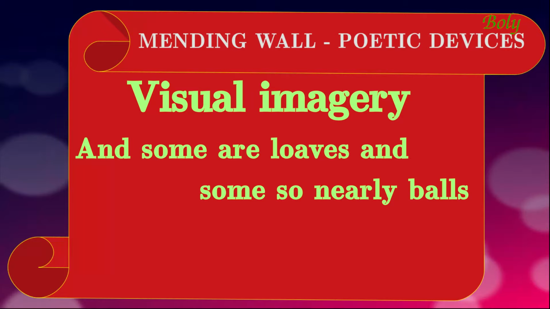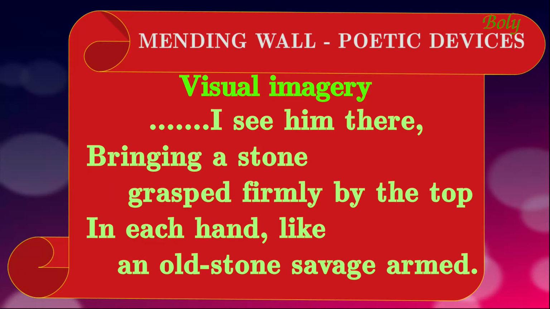So a visual imagery helps the readers to get a word picture. So there the poet gives the minute details of the picture. Then only the reader can picturize that in their minds. Another example for a visual imagery in the poem is, "I see him there bringing a stone grasped firmly by top in each hand like an old stone savage armed."